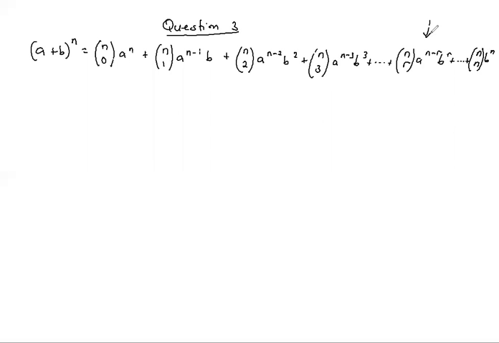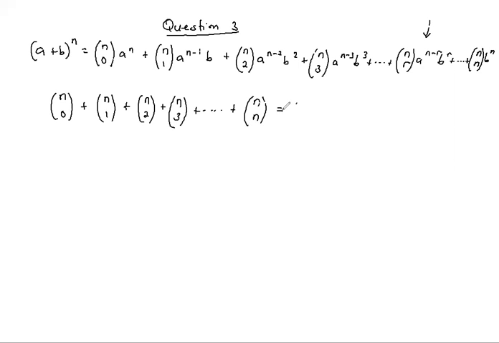Question 3 is asking us to show that n choose 0 plus n choose 1 plus n choose 2 plus n choose 3, we keep adding in that order until we get to n choose n, gives us 2 to the power n.